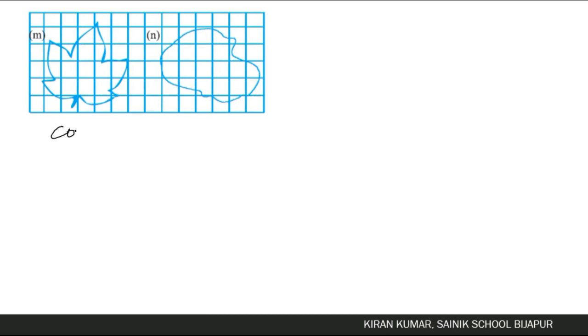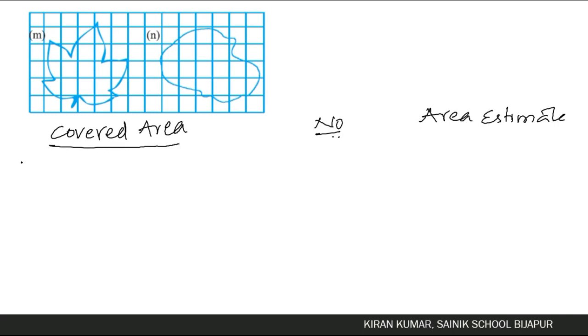Let me make a table for that. Let me mention here covered area and the number and the area estimated. In that, I'll make subcategories. The first category is fully filled squares.